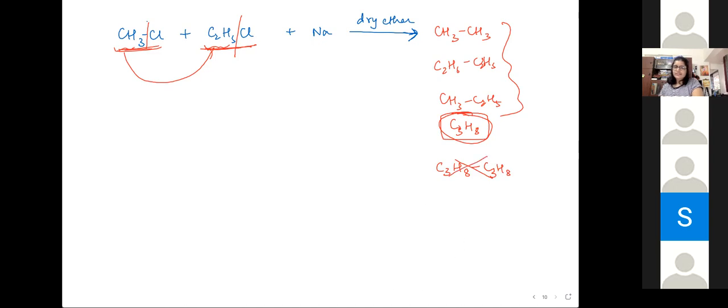Okay, two mistakes here. One, C3H8 is this: 3 carbons, you have 8 hydrogens. That's it. This is the complete compound. If you write it as C3H8 bond C3H8, in the middle 2 of these carbons are having 5 bonds, which does not make sense.